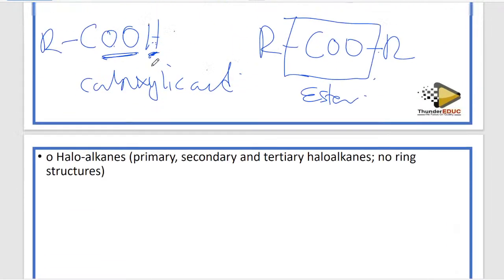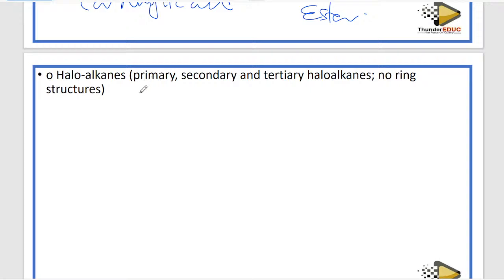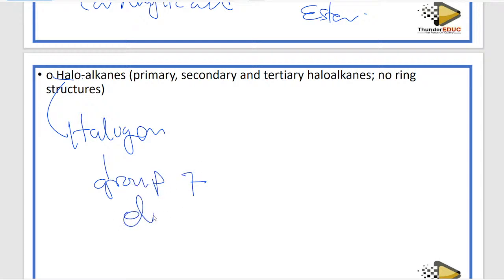Then we're going to also look at another functional group, which we call haloalkane. This comes from the word halogen, which means group 7 elements. But now I have a primary first level, secondary second level, tertiary third level.